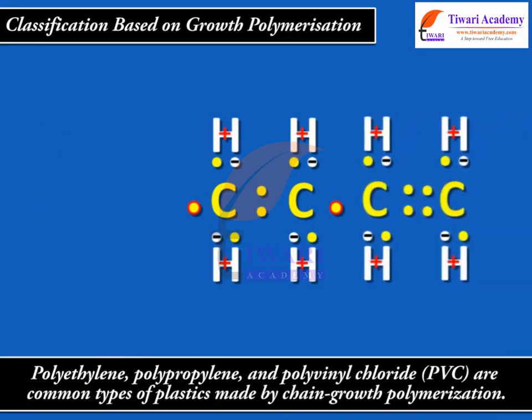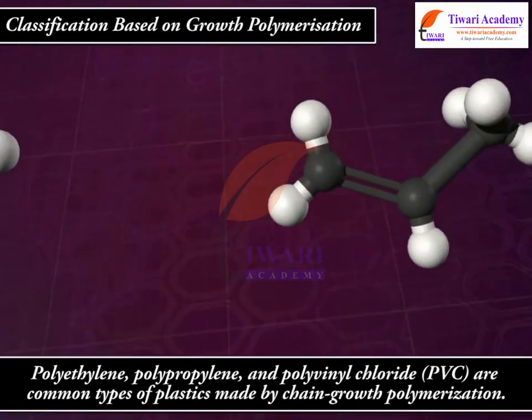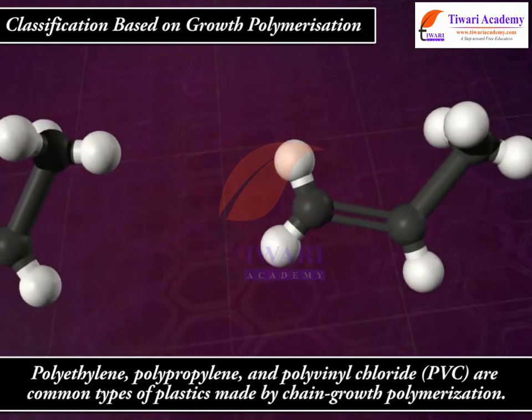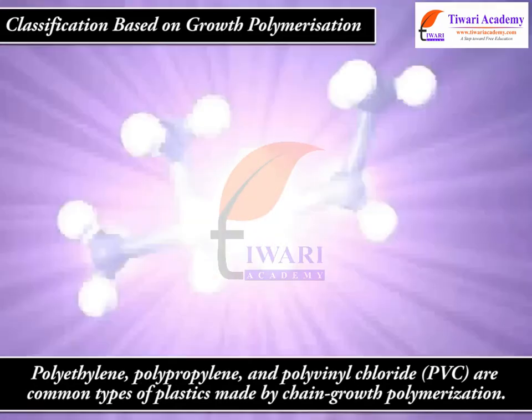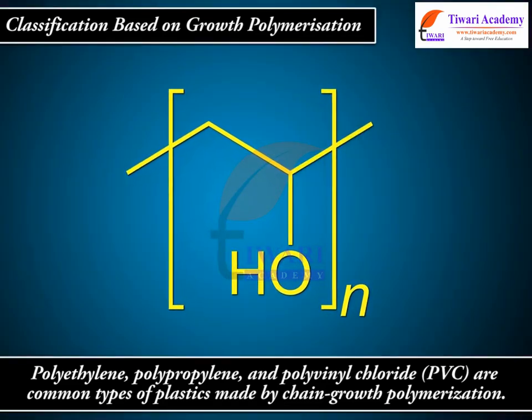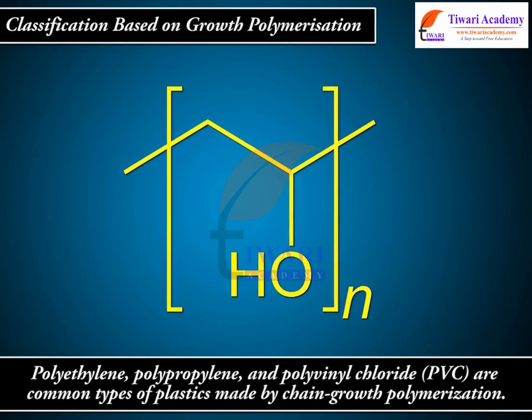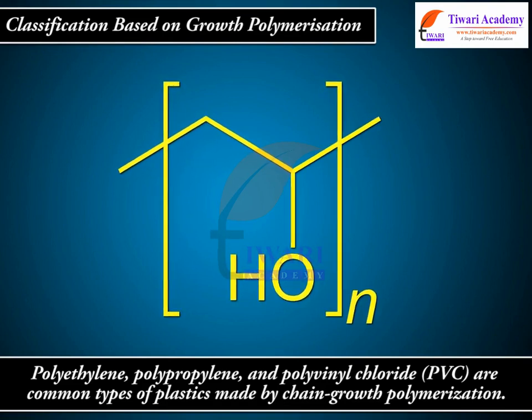Polyethylene, polypropylene, and polyvinyl chloride (PVC) are common types of plastics made by chain growth polymerization.